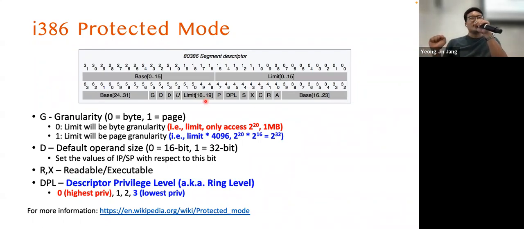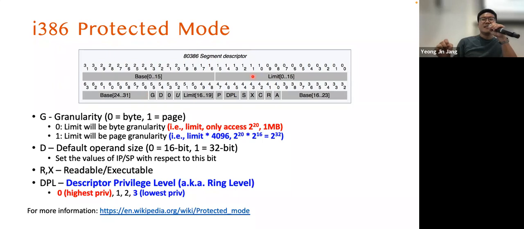But if we set the G bit as 1, the CPU will multiply the limit by 4096. 4096 is shifting 12 bits to the left because 4096 is 2 to the 12. So we have a 20-bit limit, but if we shift it by 12 bits, we can indicate the full 32-bit range in 4 kilobyte granularity.